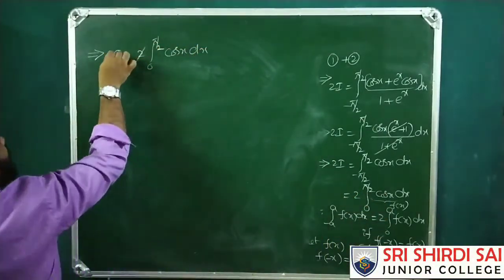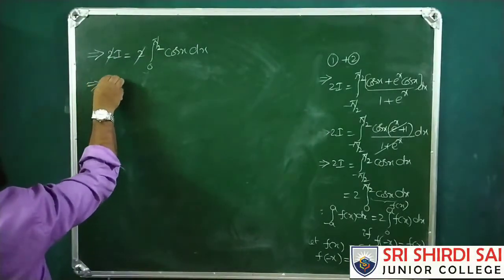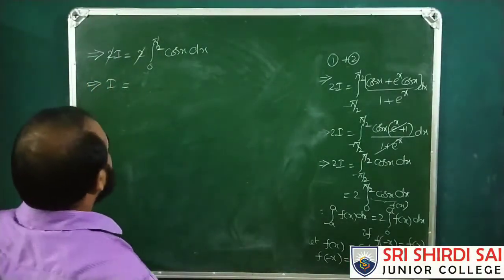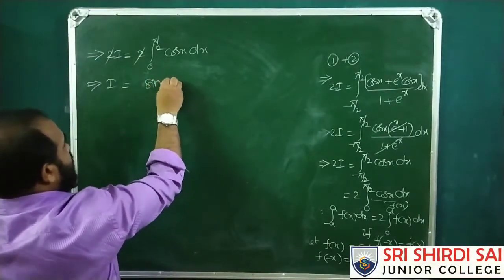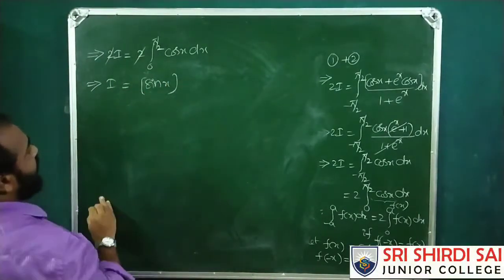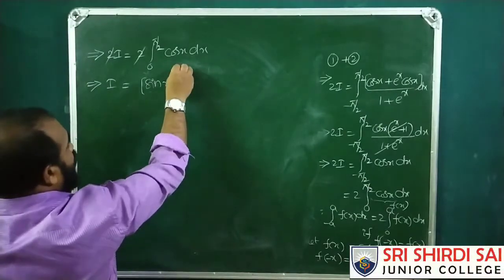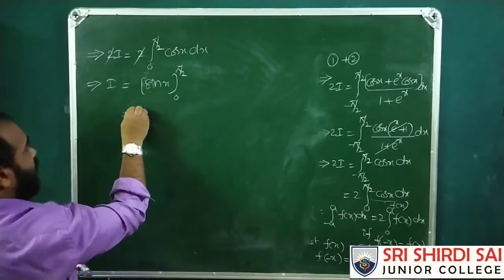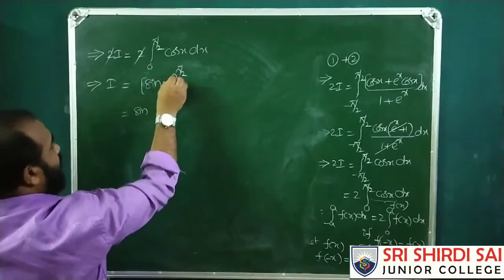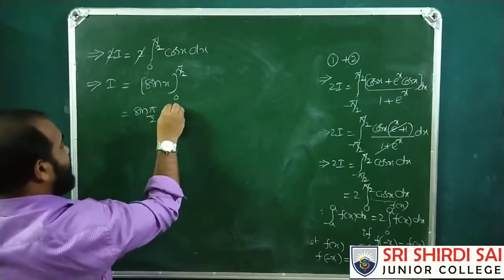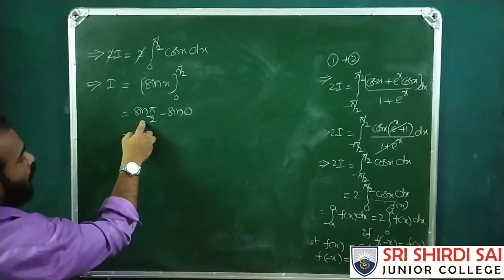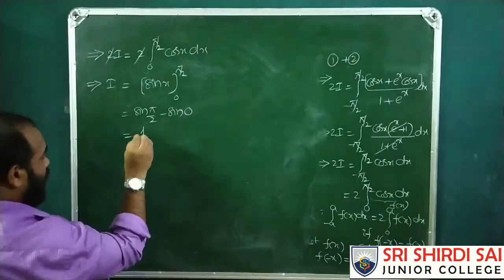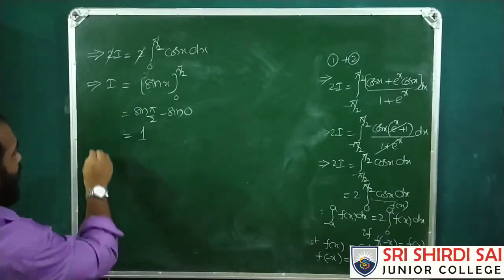So this two gets cancelled, implies I is equal to, what is integral cos x? Sin x. So since the process of integration is over, 0 to pi by 2 is to be written here. Sin in the place of x upper limit pi by 2 minus sin in the place of x lower limit is 0. Sin 90 value 1 minus 0, which is 1. Therefore I is equal to 1.